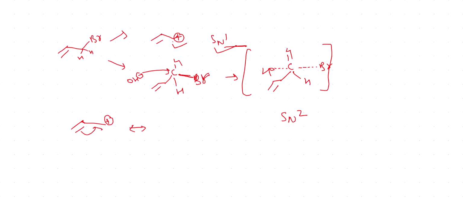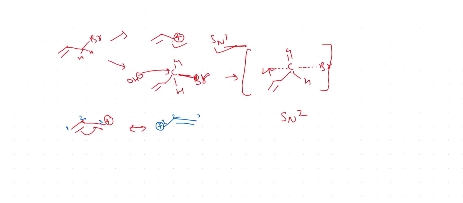I will number the carbons so that you can easily identify what is happening here. This is carbon number 1, 2, 3. So these pi electrons get shifted from carbon number 2 to carbon number 3. Here is the formation of a double bond, and now the positive charge will be on the first carbon.